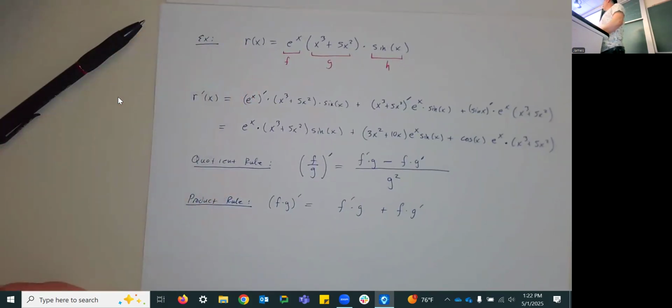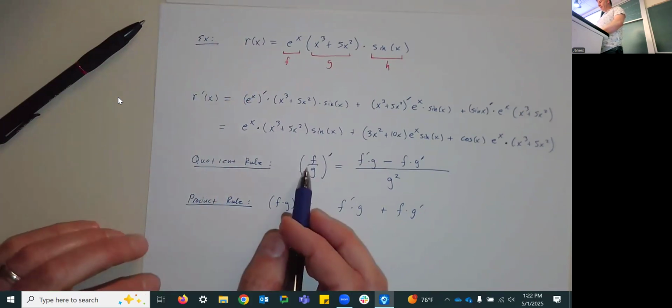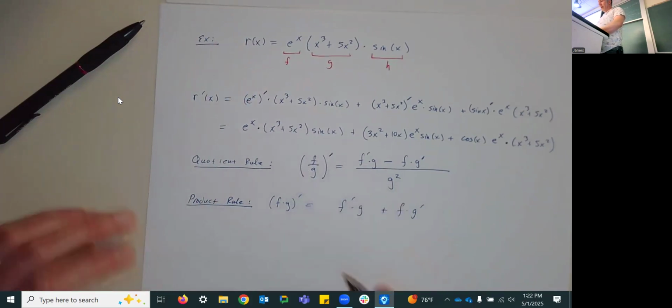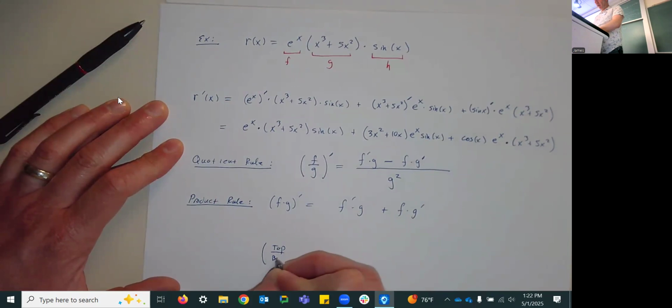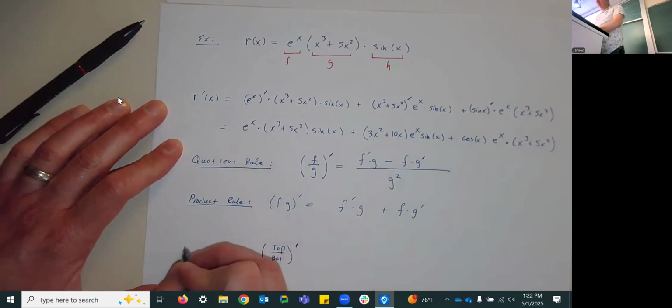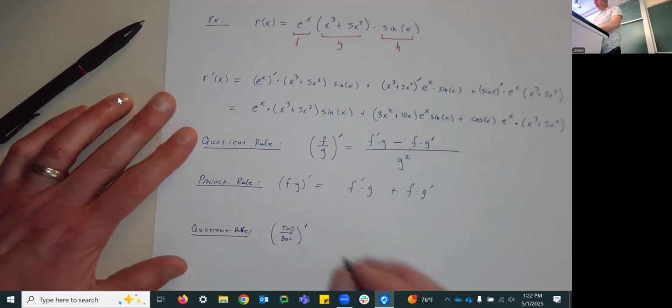To be perfectly honest, though, when I look at this, I don't say this in my head. What I actually say in my head is I'm taking the derivative of some top thing divided by some bottom thing. Here's the quotient rule again. And the words I actually say in my head every time I do this are, okay, cool.